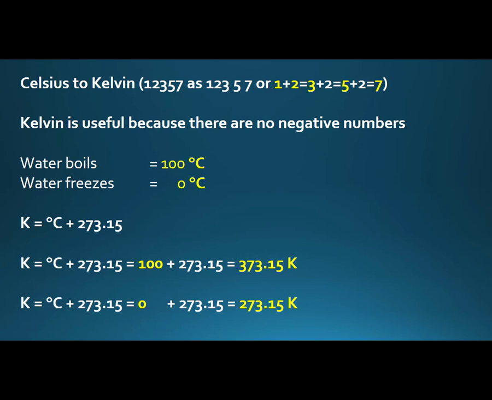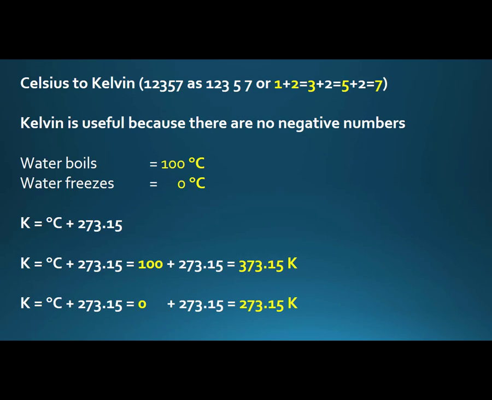We add 273.15 and get 373.15 Kelvin. You don't put a little degree sign there, it's just K. Same thing with freezing. Kelvin equals degrees Celsius plus 273.15 again. If we're going to use 0 for our Celsius degrees, then we add nothing and we retain 273.15.